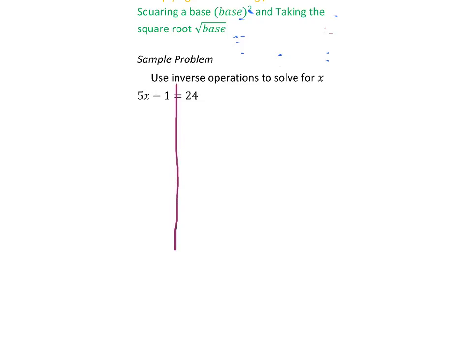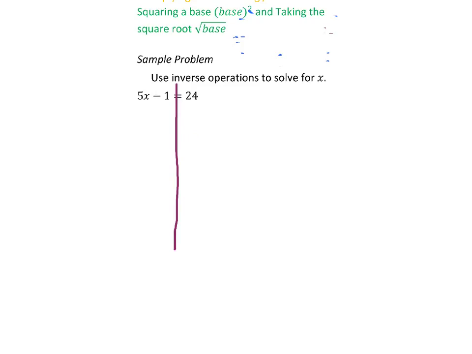That equal sign says that whatever's on this side is equal to whatever's on this side, no matter how different they look, right? This looks very different from 24, but they're equal to each other because there's an equal sign there. So I'd like to draw this line right down where the equal sign is at because it helps me keep things balanced. If we're going to keep this equal, no matter what we do to this side, we absolutely have to do to this side in order to keep it equal.